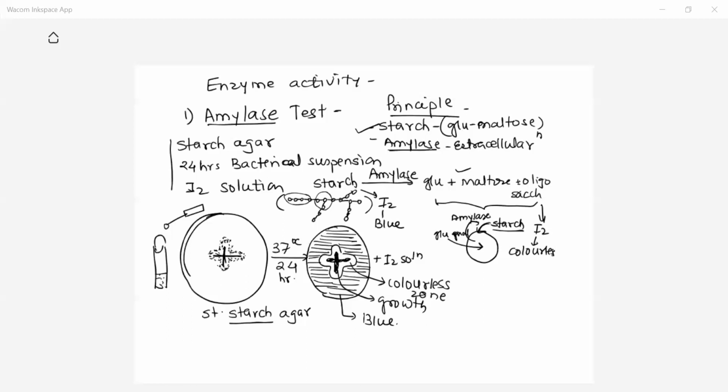What happens here is that when the organism produces amylase, around the colony, in that region, that amylase hydrolyzes the starch. All the starch at the edge of the colony will be hydrolyzed.